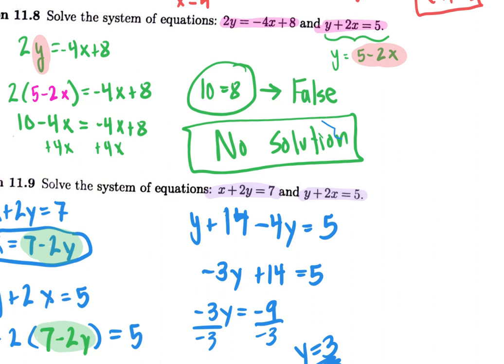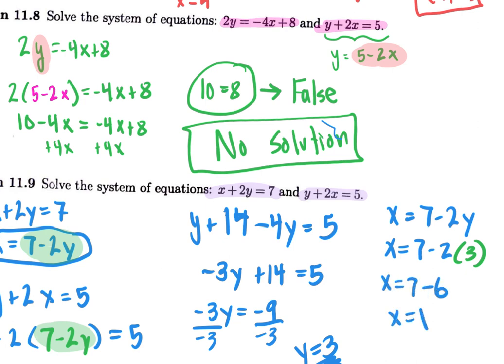Okay. Now, we just need to figure out what x is. We already have an expression for x, so we're going to plug that y in here. We know that y is 3. And if we solve that, we get x is 7 minus 6, so x is 1.